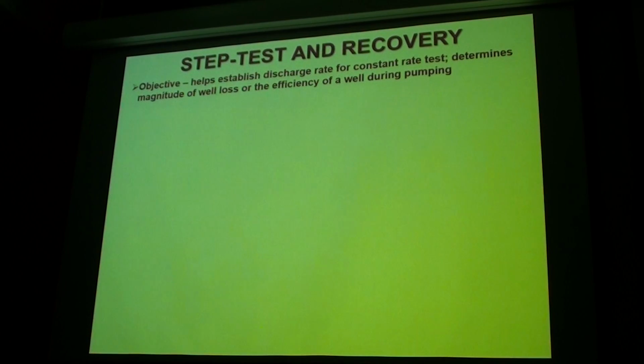Because if you really want to test your aquifer properly, you want to test it at the rate you want to get water out of it in the future, and this will tell you if you can do that. You may not be able to. Sometimes the calculations are wrong or things are different and you have to reduce it. But either way, a step test will give you an idea of what's going on with your aquifer. There are various ways to analyse it.